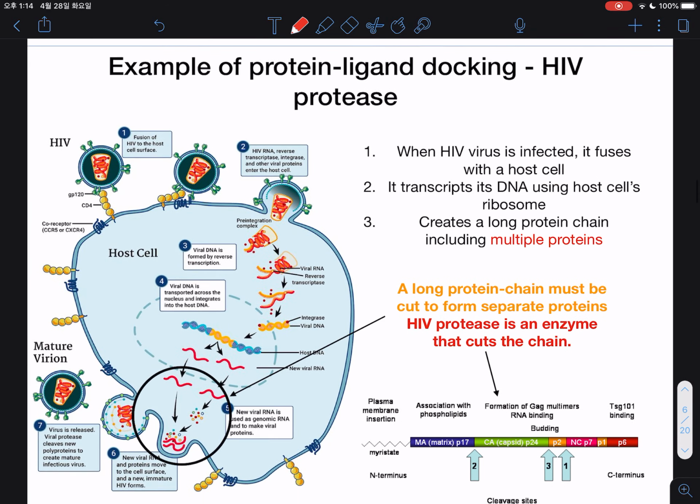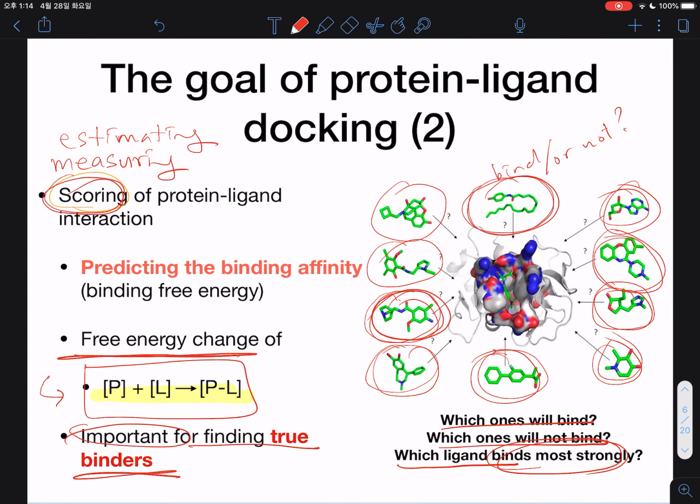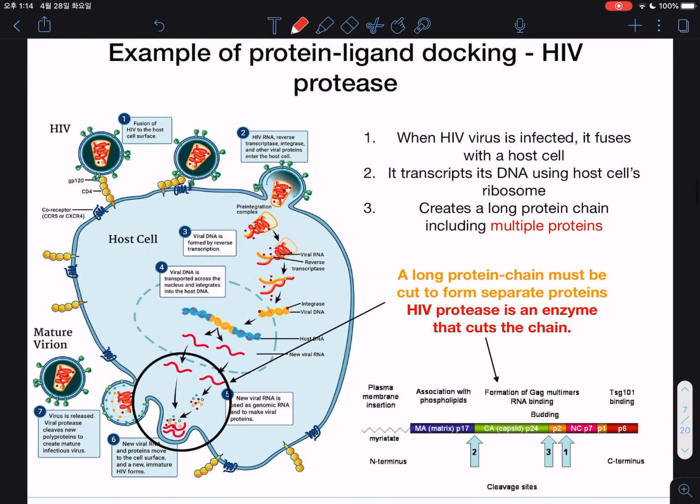So let's take a look at some examples of protein ligand docking. The actual example we're going to take a look at is HIV protease. HIV is, as you know, a kind of virus, the AIDS virus, right?